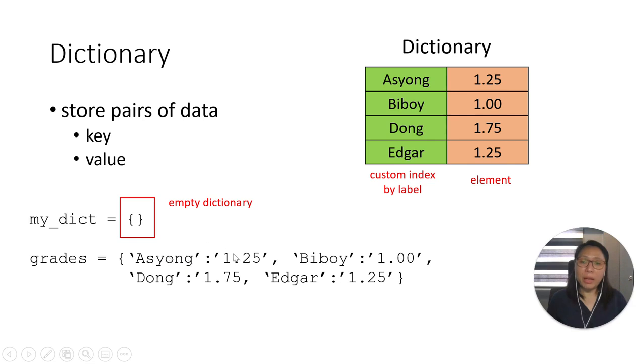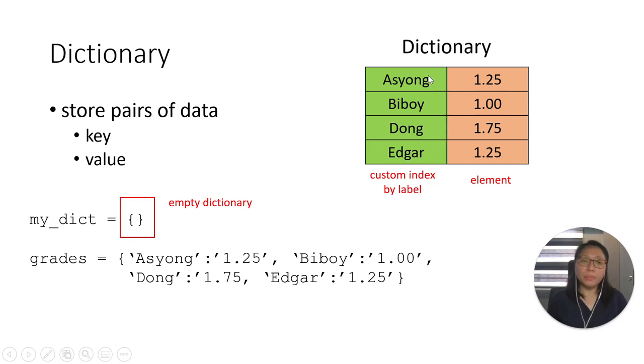So the key is Ashong, followed by the value 1.25. So this key value pair is the first element of our dictionary. And then we also have an element with key bboy and value 1.00, another element with key dong and value 1.75, and another element with key Edgar and the value is 1.25.